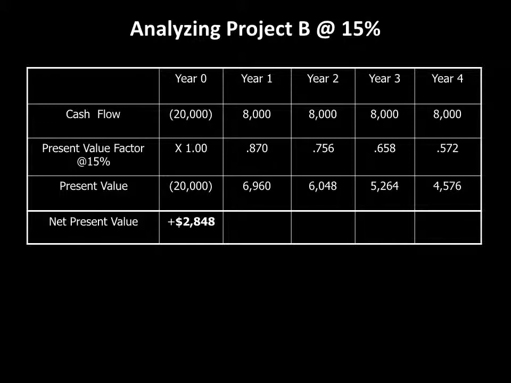The only thing that changes, for instance, in year 2, is instead of taking 1 divided by 1 plus 0.15 to the first, we do 1 divided by 1 plus 0.15 to the second power, and so on for each year. And then we discount those cash flows to the present. Once we have all the present values calculated for each year, we add them together, and you can see that we get a positive $2,848.